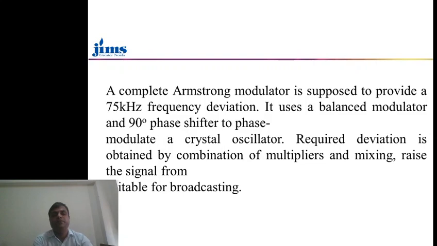Required deviation is obtained by the combination of multiplier and mixing, to raise the signal from the low frequency to one suitable for broadcasting. So this is all the explanation given, and basically FM transmission starts around 90 megahertz. That's why we convert this lower frequency into around 90 megahertz.